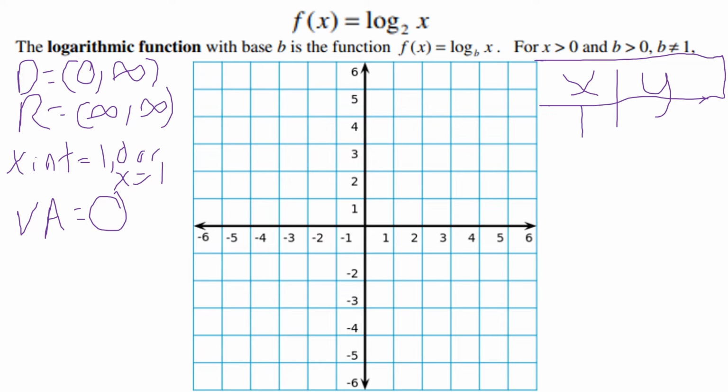Let's just start off there and see what happens. So log base 2 of 1. 1 is the outside.